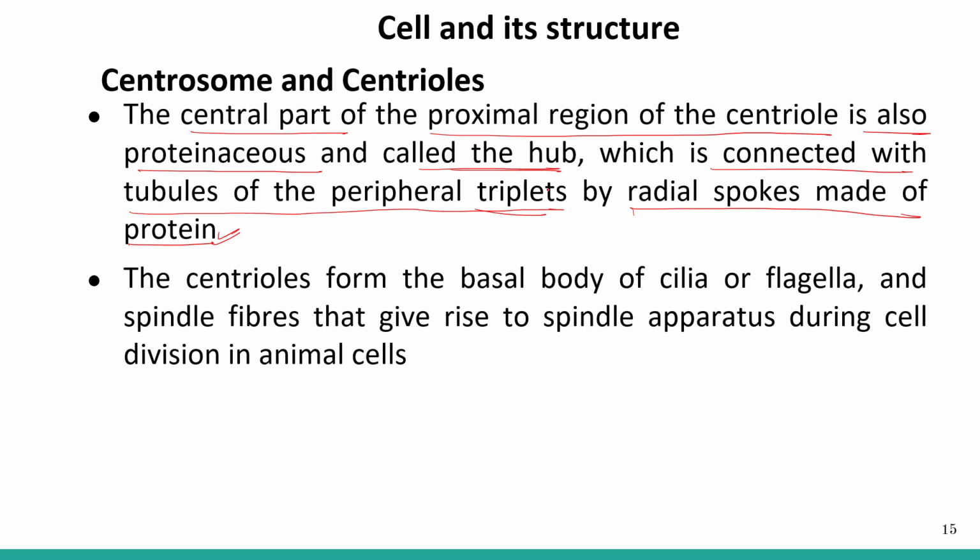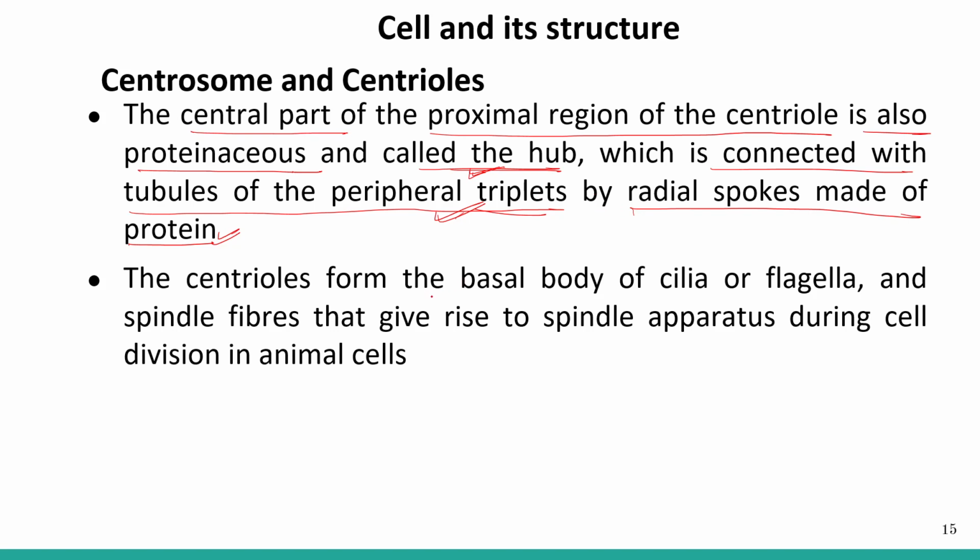So here also the centriole is proteinaceous and the hub is interconnected with the tubules of the peripheral triplets by radial spoke-like structures, and they are proteinaceous.